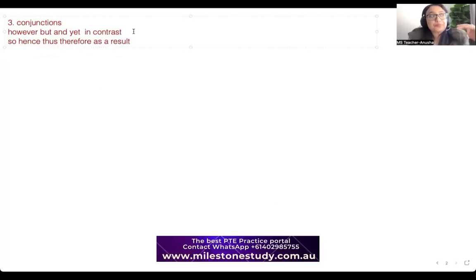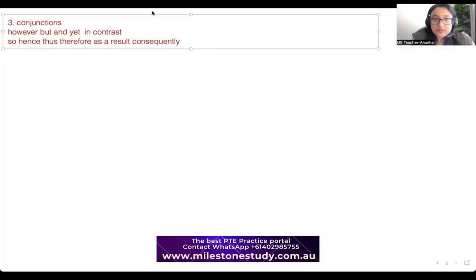Okay, now, you have to understand what the job is. What does however do? What does but do, what does hence do. Okay, then try to get the pair correct. Consequently. Okay, you have to consider in contrast and consequently and however, because these are main conjunctions that can come in your test.